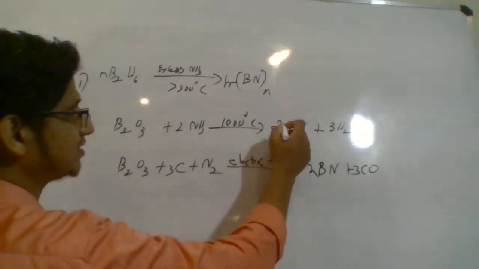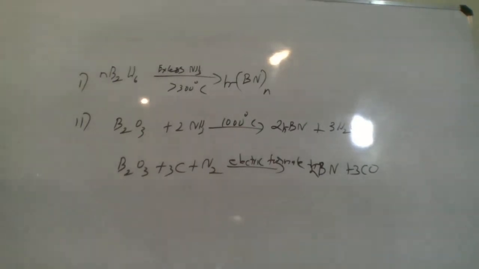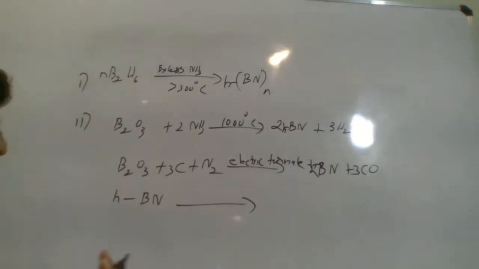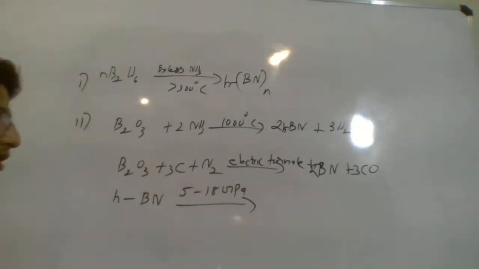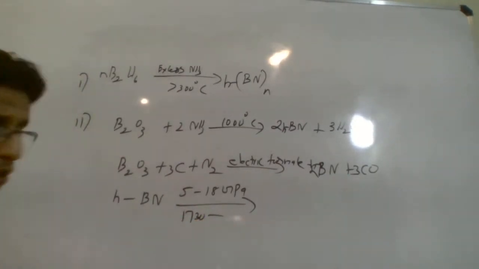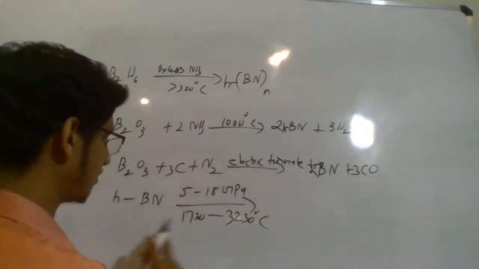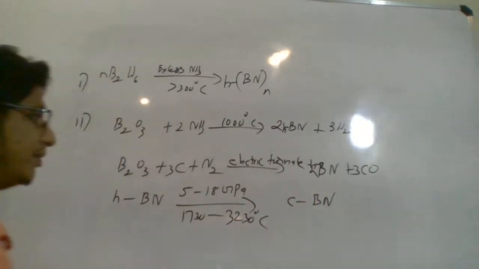Remember, in every case, hexagonal boron nitride is prepared. This hexagonal boron nitride, when heated to very high temperature and provided very high pressure, the pressure around 5 to 18 gigapascal, and the temperature around 1730 to 3230 degrees Celsius, you will see hexagonal boron nitride will be converted into cubic boron nitride.